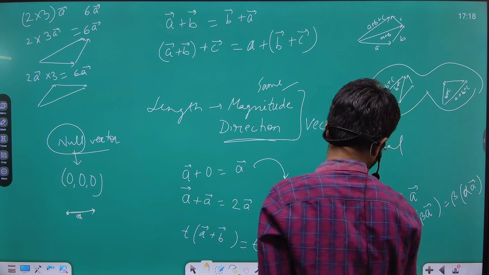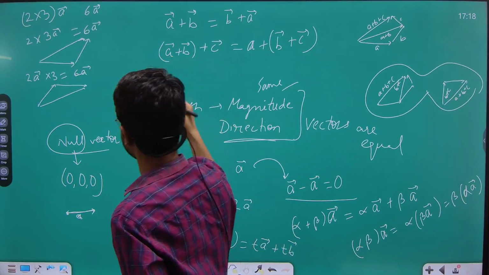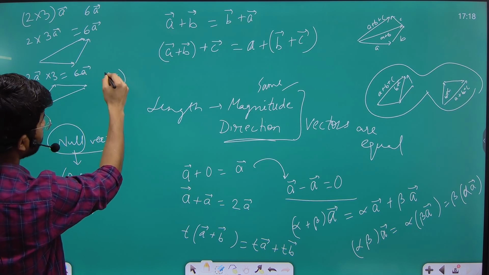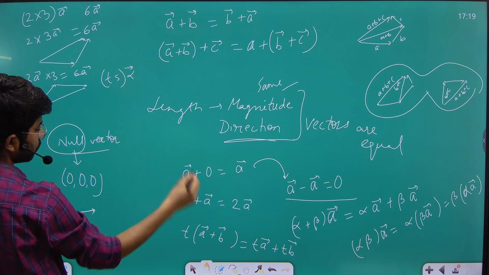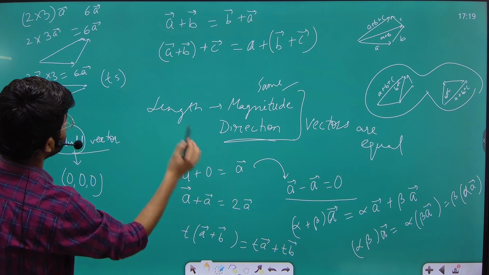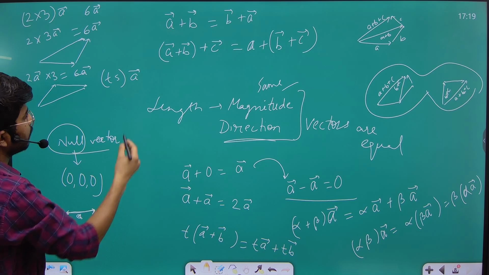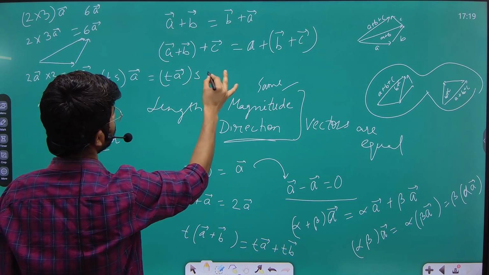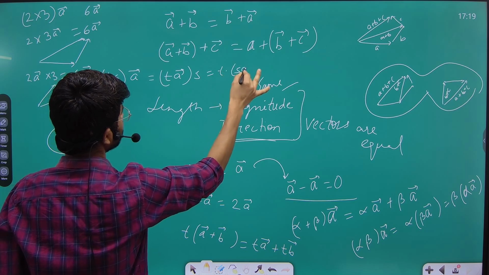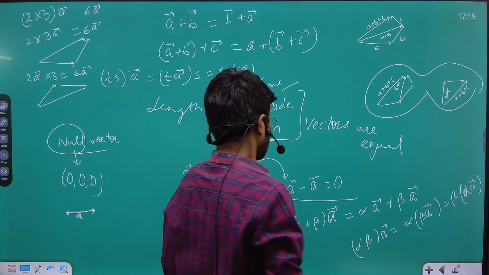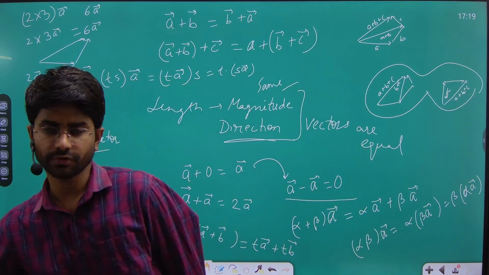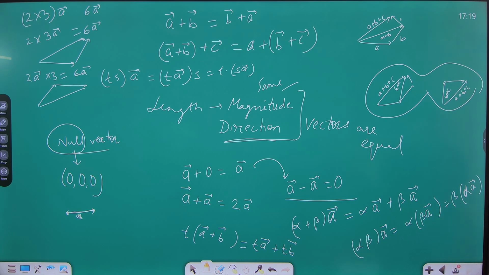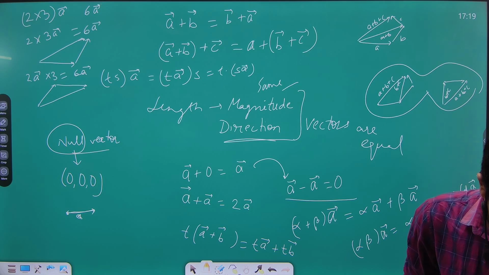You can use another notation, say t and s, so you can have t s multiplied with a vector A bar, which equals t A multiplied with s, or you can write t multiplied with s A. If you multiply it with the unit scalar 1, then you will have the same vector.